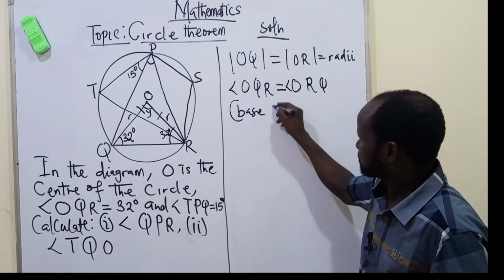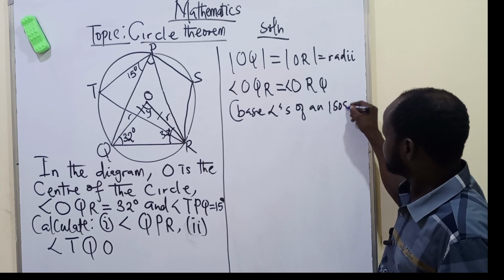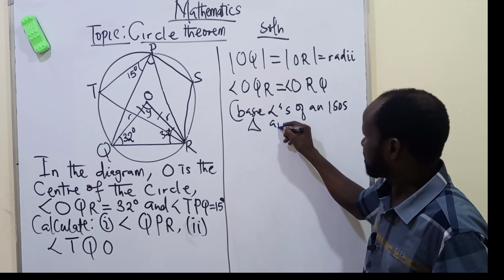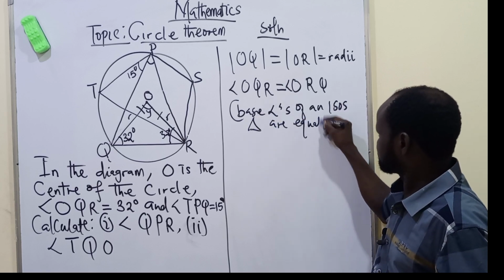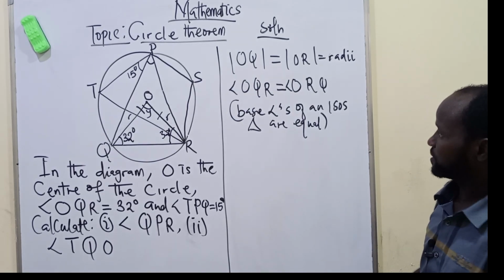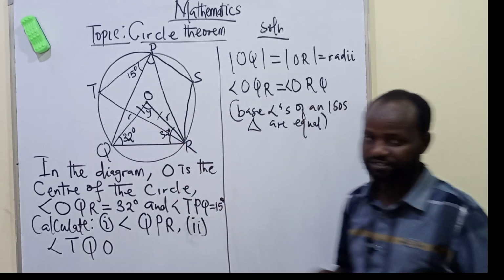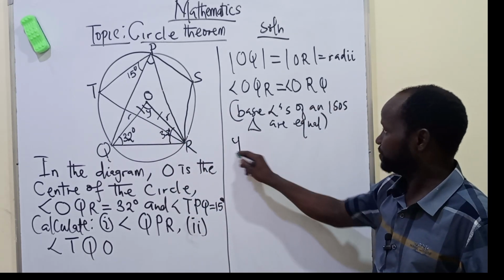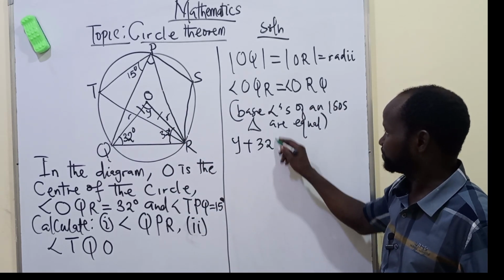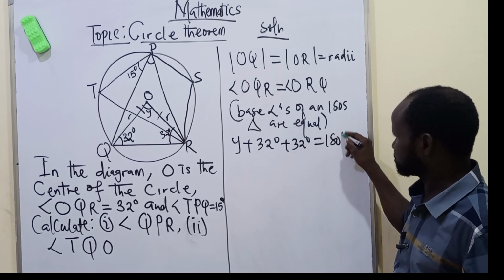Base angles of an isosceles triangle are equal. That's the reason. You have to state the reason in brackets. Okay, so we can easily find y now. y plus 32 plus 32 will be equal to 180 degrees.